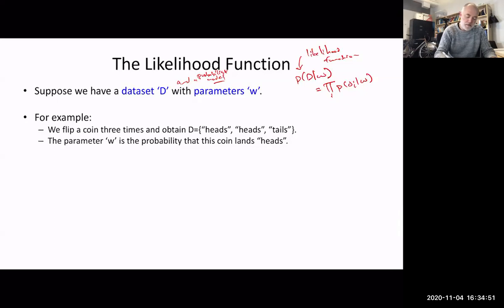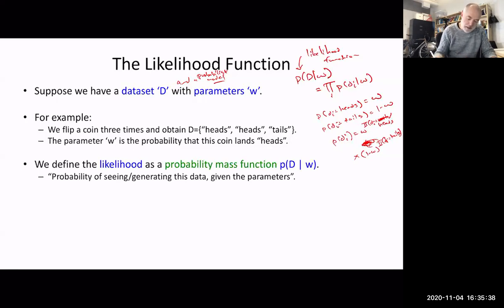So the probability that d_i equals heads equals W. The probability that d_i equals tails is 1 minus W. So P of d_i given W is W to the indicator d_i equals heads, times 1 minus W to the indicator d_i equals tails.